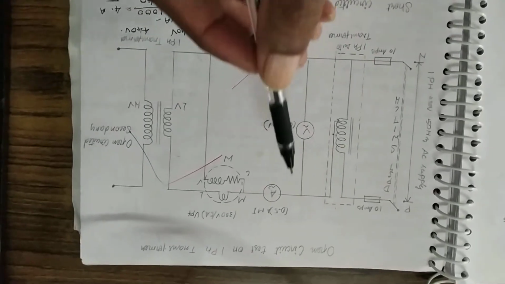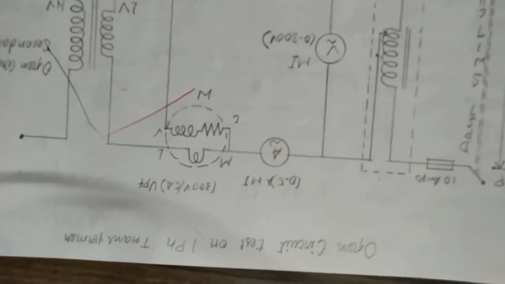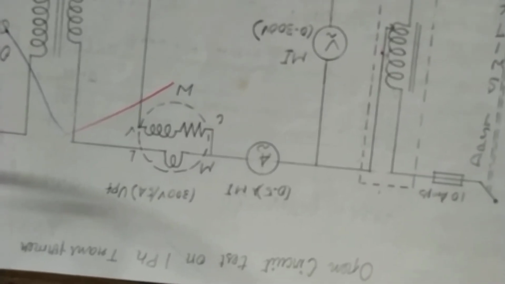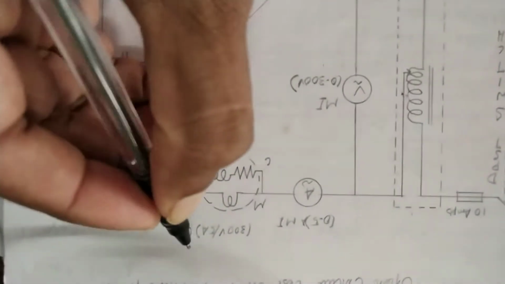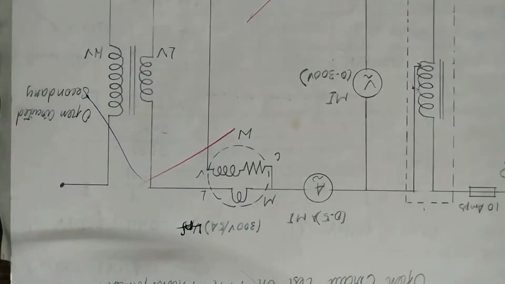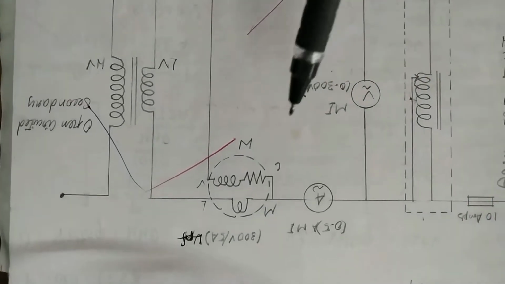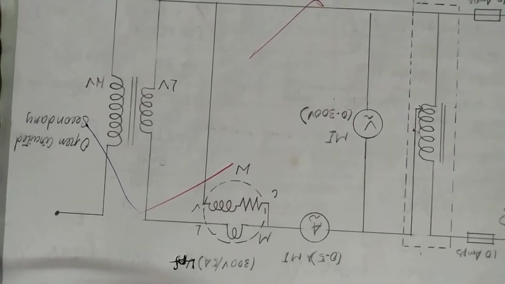From these two we can take the wattmeter ratio: 300 volt for the voltmeter and 4 ampere for the current. So 300 volt 5 ampere is more than sufficient for the wattmeter. Here we are using not a UPF but an LPF wattmeter, because the transformer is an inductive device, so we choose a lagging power factor meter.